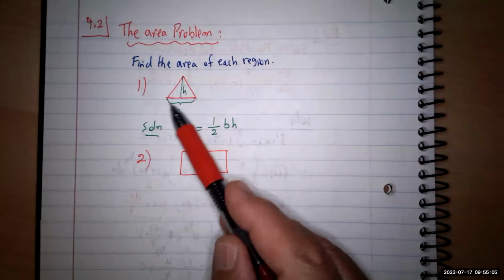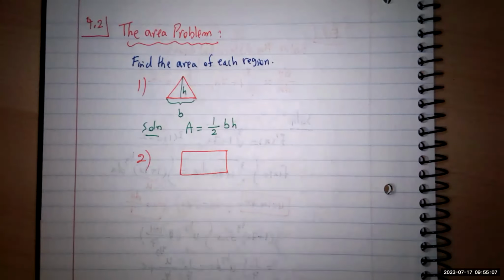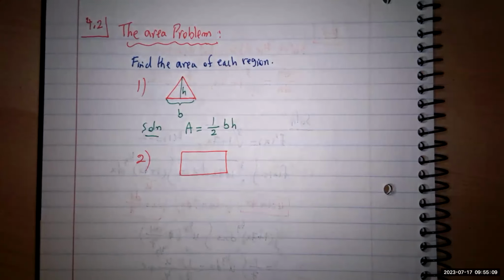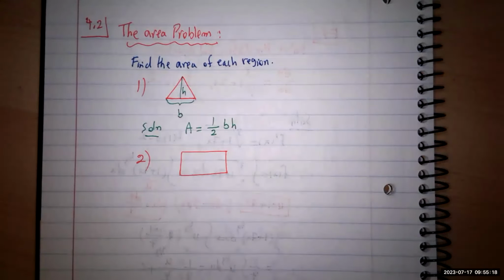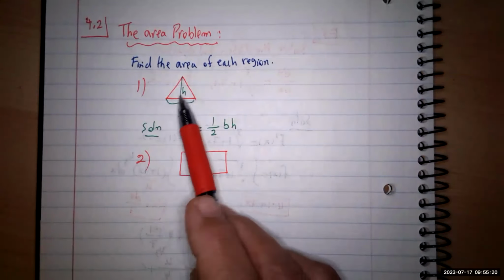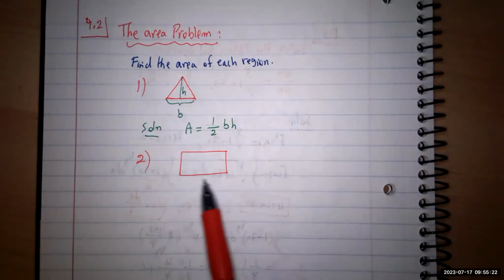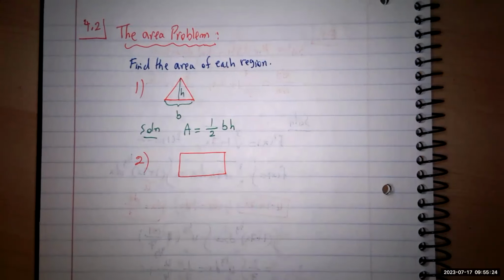How are we going to use this in order to find the area of a rectangle? Any suggestion? Suppose you know the triangle. How are you going to use the idea of the area of a triangle to find the area of this rectangle? Any suggestion?